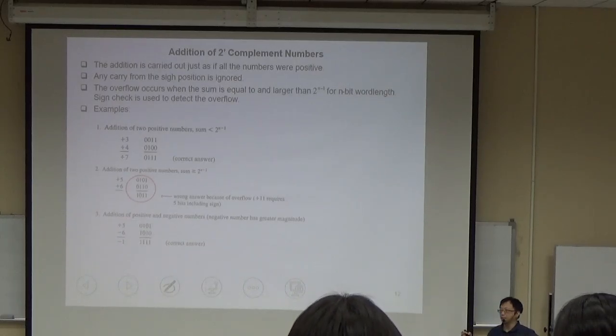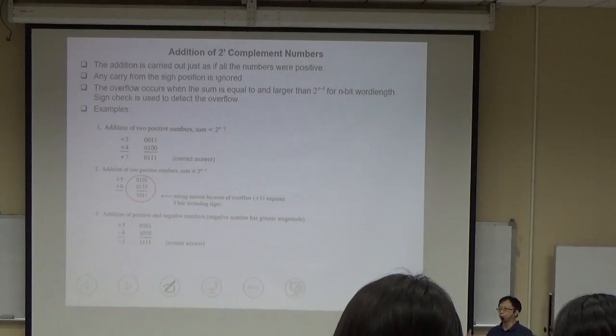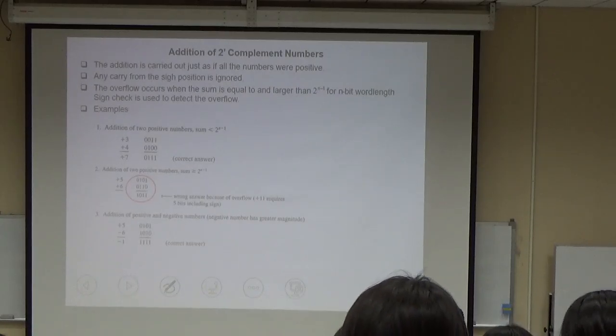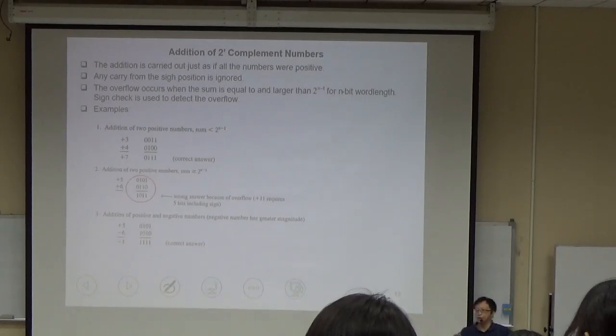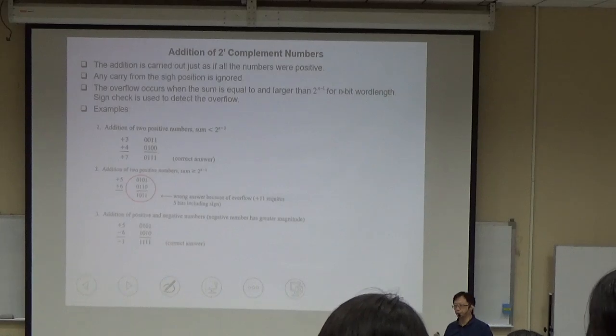Okay. What does it mean or how do we perform it? We will show you with examples. First you try to understand that the required number of bits for the result is more than you have in the system.